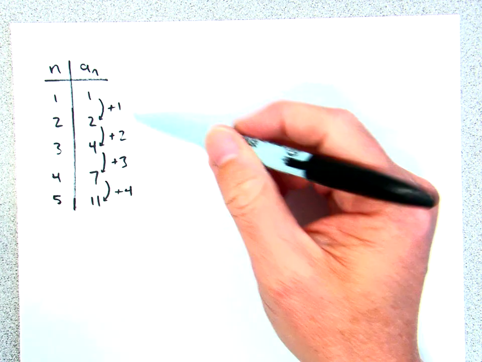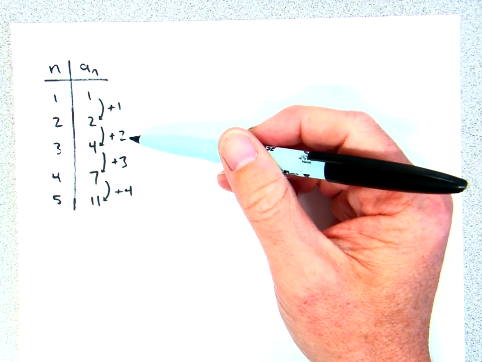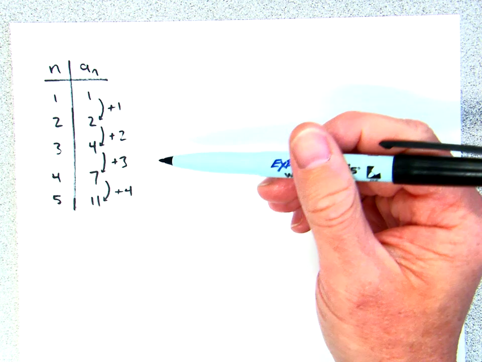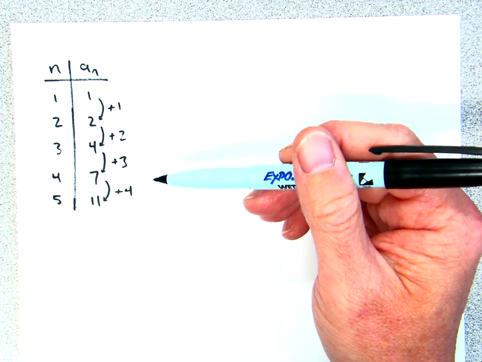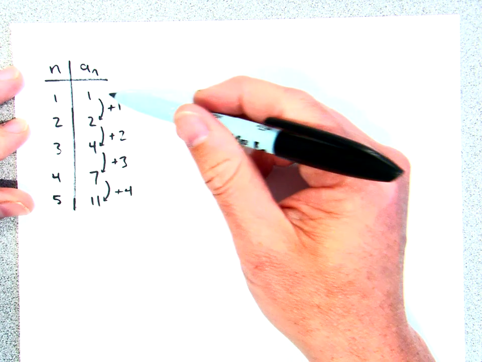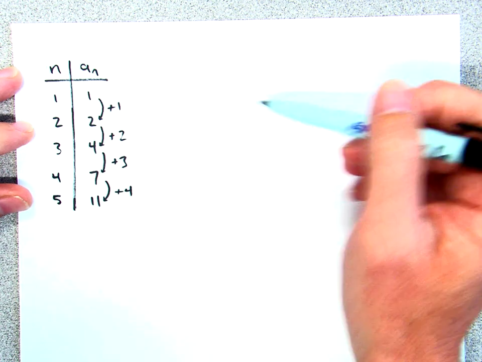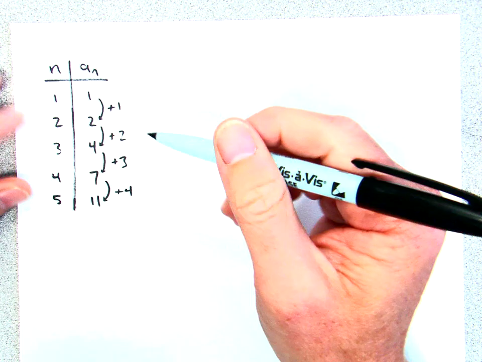Now, if all these values were the same, we know that the function would be growing at a constant rate, which means it would be a linear function. But I'm going to be interested in quadratic sequences for this video. So this would be a linear function. We would set this up a certain way if all these were the same to be a linear function, but obviously this one's not.